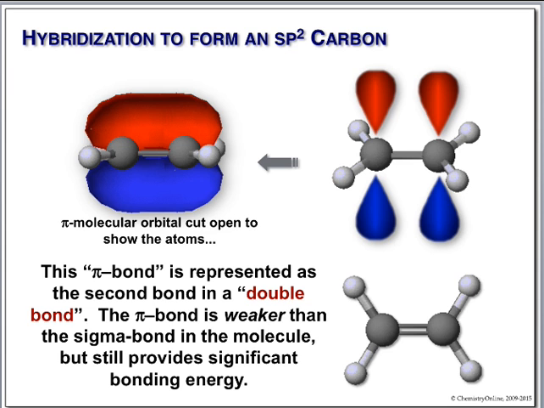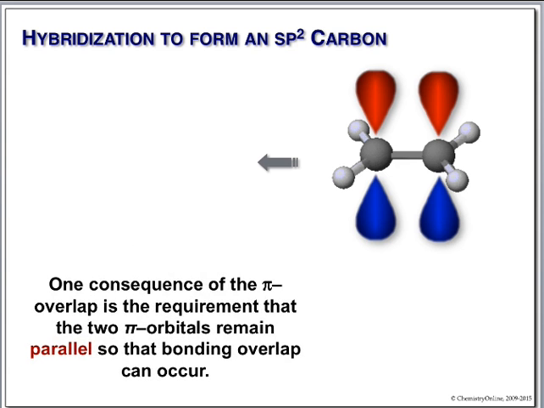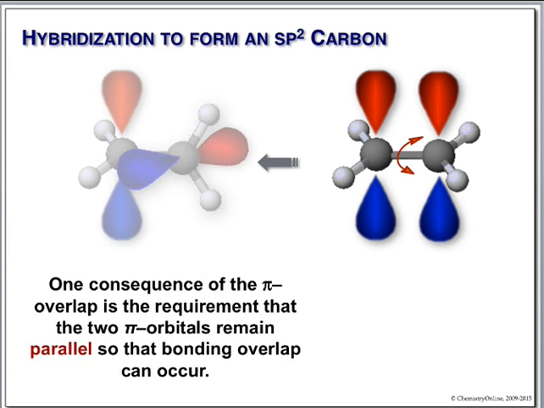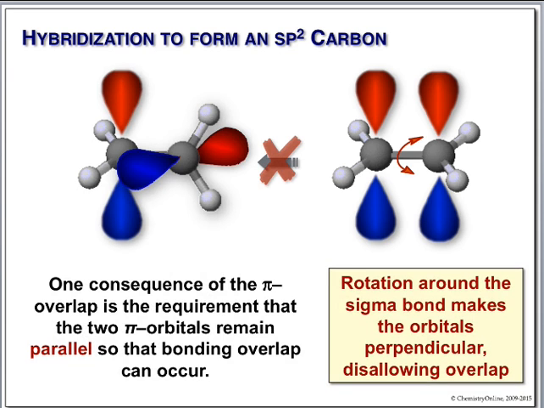Now, when we did this a while ago, we also said that because these orbitals must line up with each other in order to overlap, we cannot rotate around this sigma bond. Sigma bonds, single bonds, you can rotate nicely.